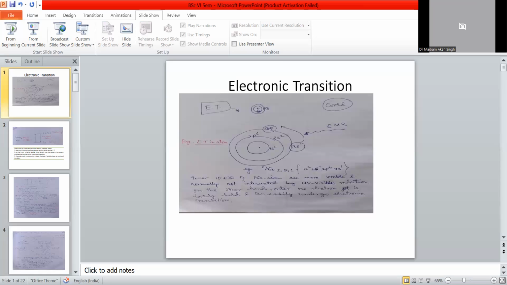It is sigma to pi star, which is not possible, that is why I have not shown it. And the other non-possible one is pi to sigma star. I repeat, sigma to pi star and pi to sigma star are not allowed, or forbidden, transitions.